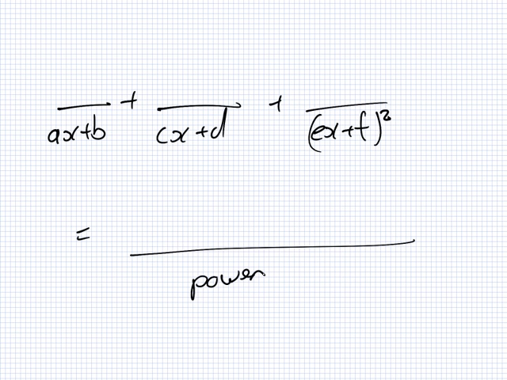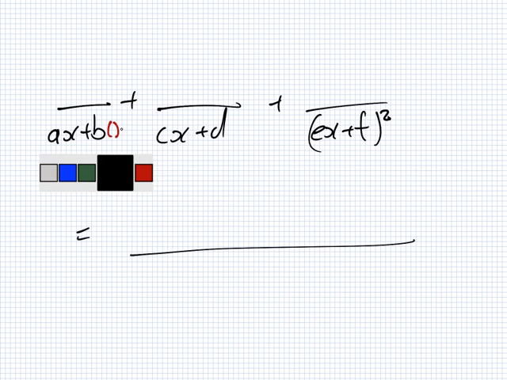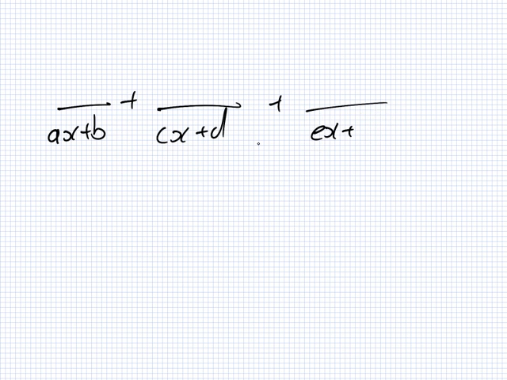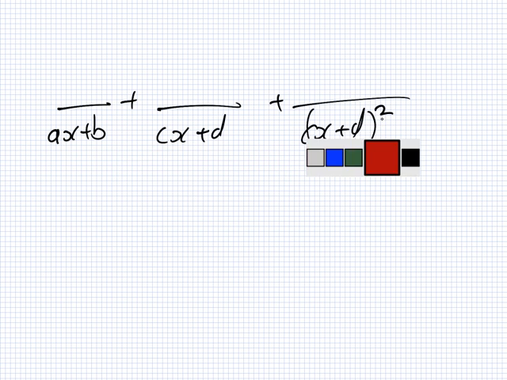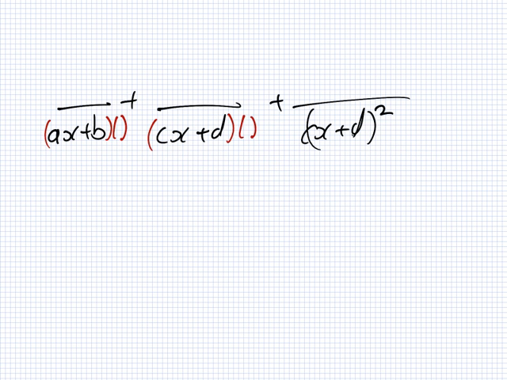Power 3, because to add these together, you would have to multiply the bottom here by cx plus d. Sorry, apologies, it should be like this: cx plus d plus cx plus d squared. So you'd multiply this one by cx plus d, this one here by cx plus d, and keep that the same.